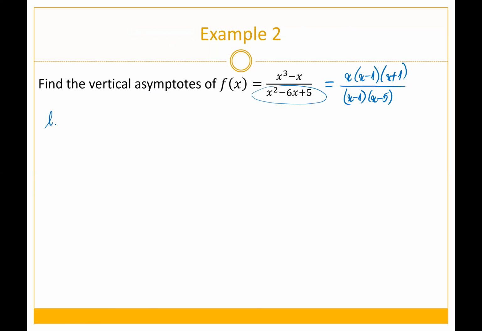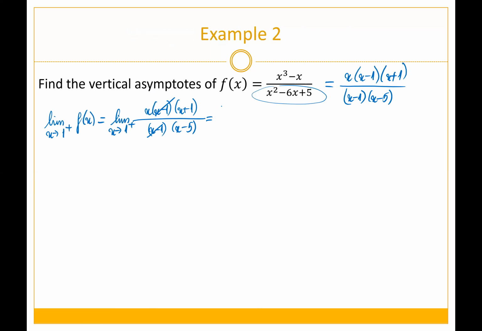So what we're going to find is the limit as x approaches 1 plus of f(x), which is the limit as x approaches 1 plus of (x minus 1)(x plus 1) divided by (x minus 1)(x minus 5). Now as x approaches 1 plus, x minus 1 is approaching 0 plus, but it's not 0.